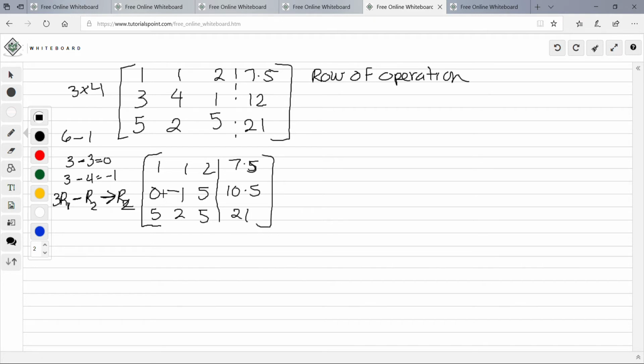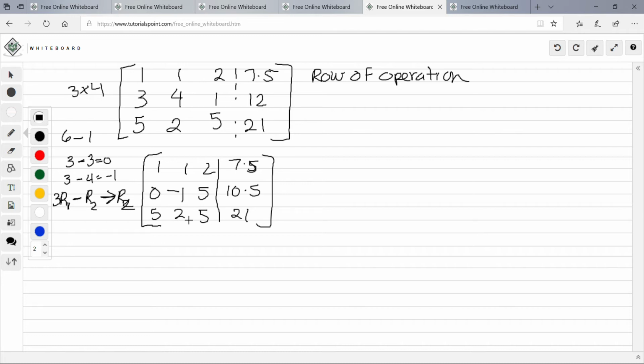Good. Remember our goal is to get this all 1, 1, but we don't care about that right now. We can do that at the very end. But let's just first get this 0, which we already did. Now let's get this 0 and this 0.